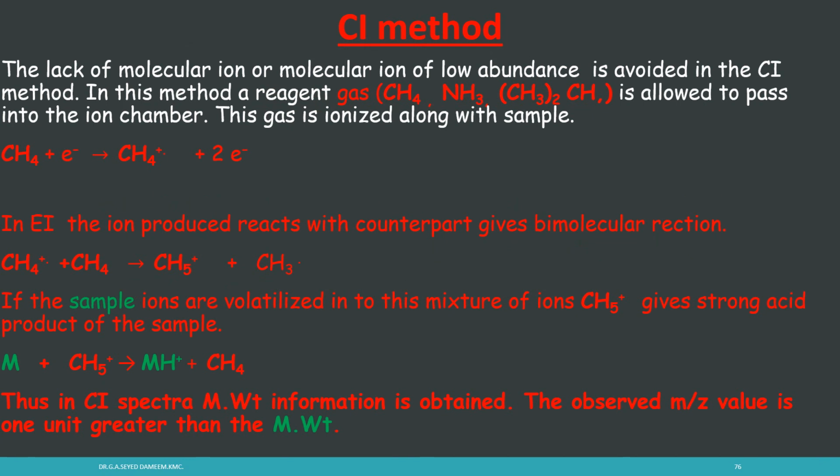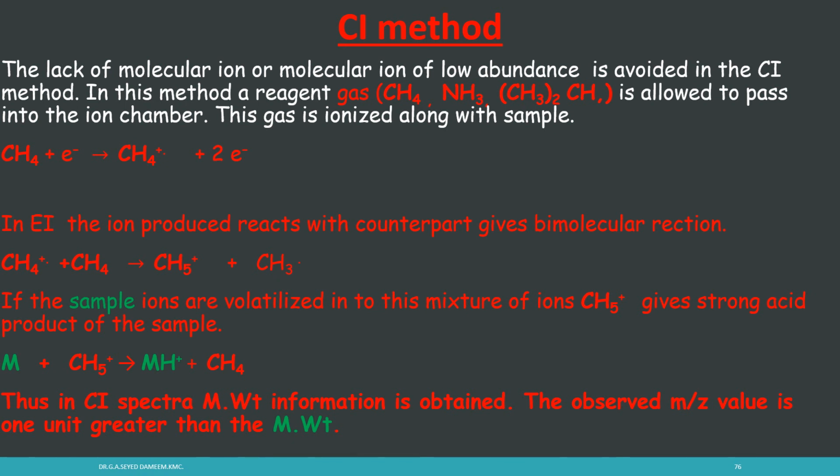Next topic, chemical ionization method. The lack of molecular ion, or molecular ion of low abundance, is avoided in this method. In this method, a reagent gas like methane, ammonia, or isobutane, any one of these, is allowed to pass into the ion chamber along with the sample. The reagent gas is also ionized along with the sample.